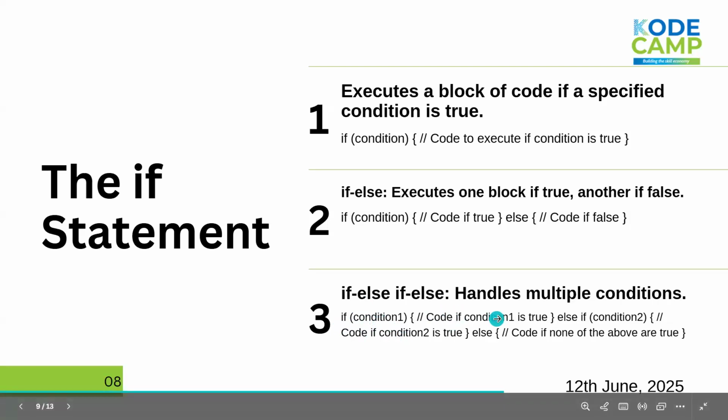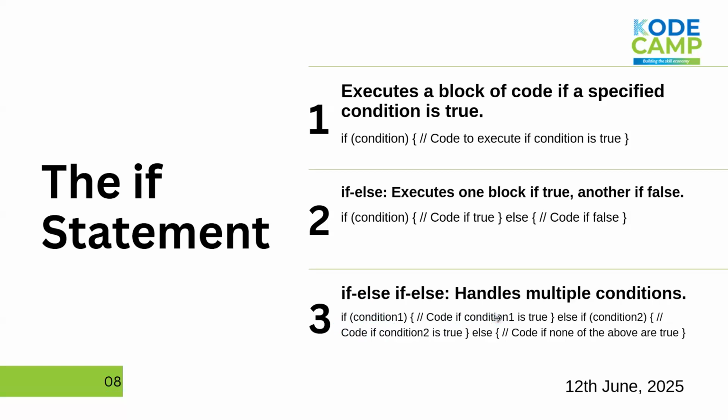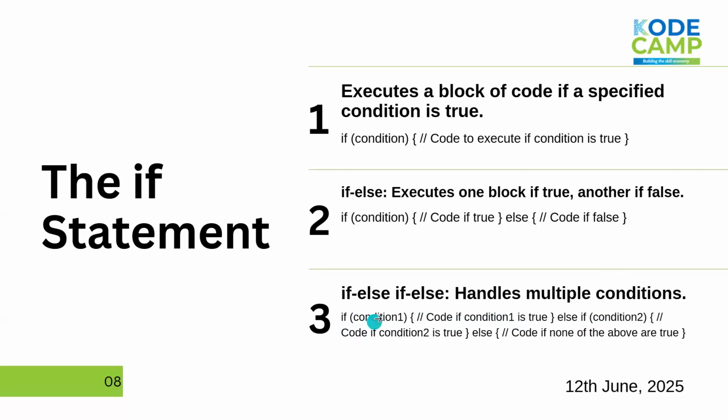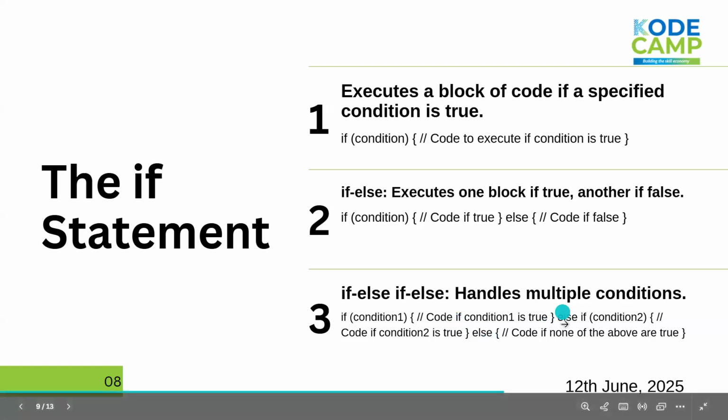The grade will be what? E, right? Are we good? Are we following? Yes, I'm following. Yes, sir. So if student scored less than 50, what should happen? Give the student grade E.